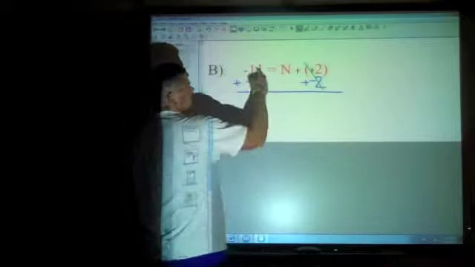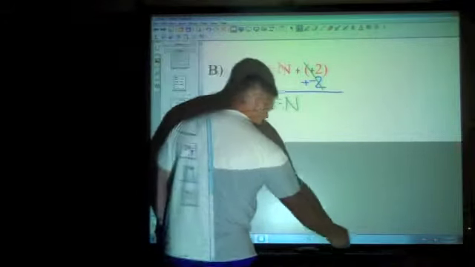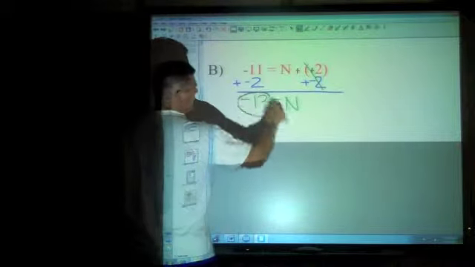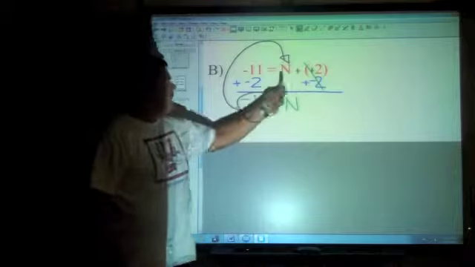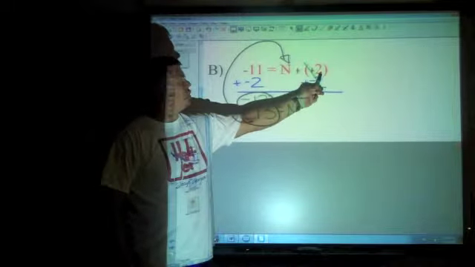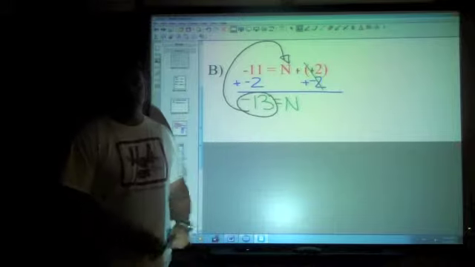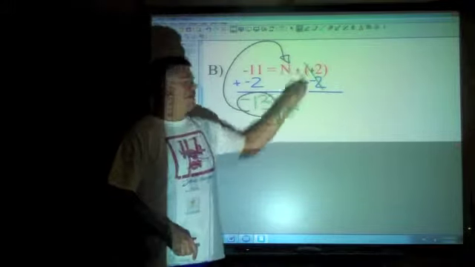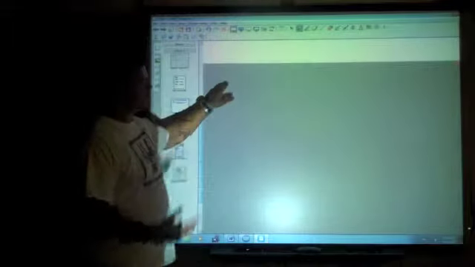And I now have a negative plus a negative, which makes more negatives. And if I would like to test my answer out, I can take this answer and I can plug it in. Now if you try it, negative 13 plus a positive 2, I have 11 more negatives than I do positives, so we know that works. Again, you don't have to make that change, but people make far fewer mistakes when they switch the subtraction.